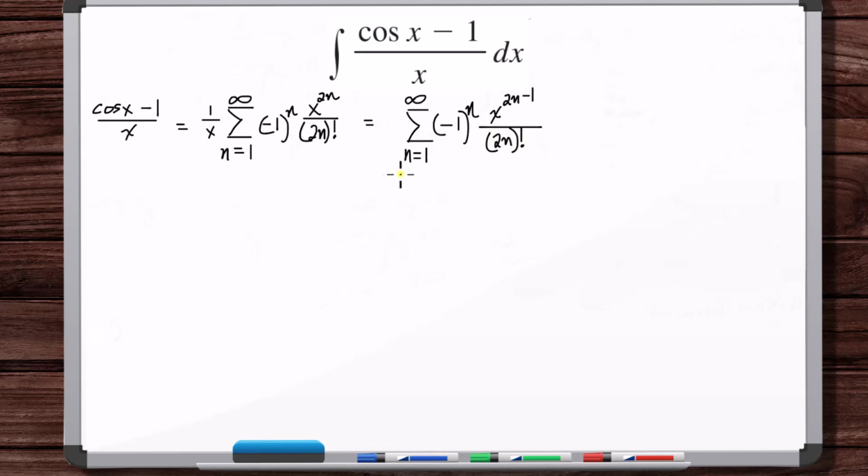Now, remember, you have to be careful because when you multiply some x expression by a power series, you can do it with any x expression as long as what results after you simplify is a power series from the same start point to infinity.